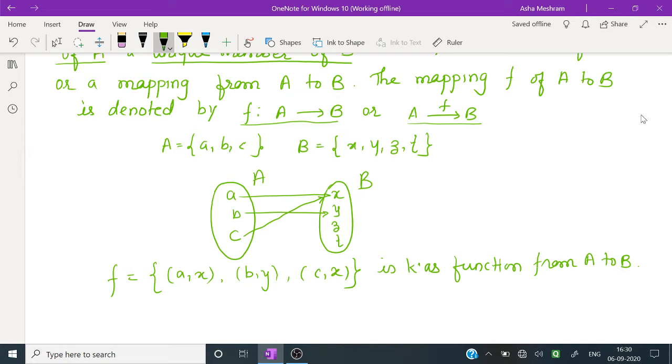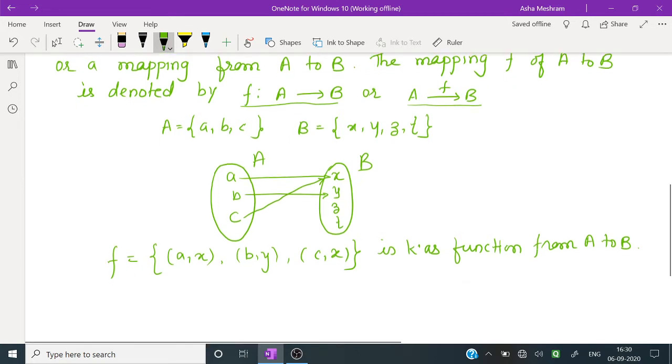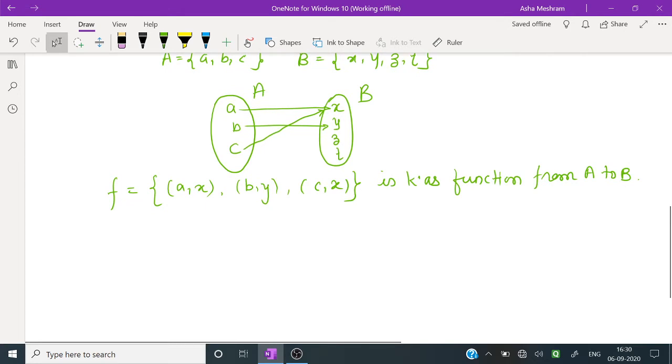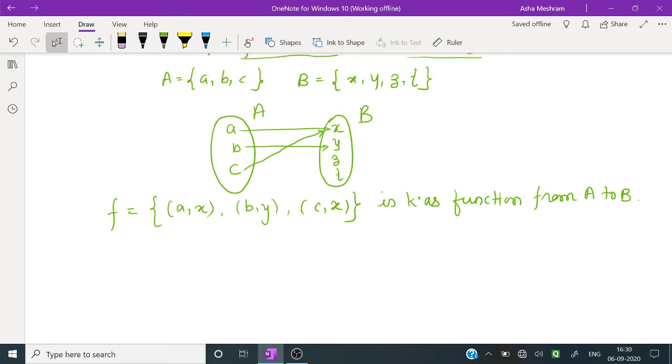Next we see the definition of range and domain of a function. In this definition we elaborate that this set is known as the domain and this set is known as the codomain.